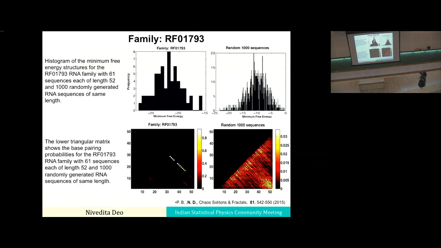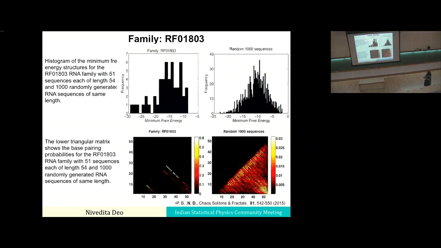In this family, there are 61 sequences, and they're of length 52. We've also figured out this frequency versus minimum free energy graph and compared it with the random 1,000 sequences. And this is again the pairing probabilities within the family between the various nucleotides, compared with the random.